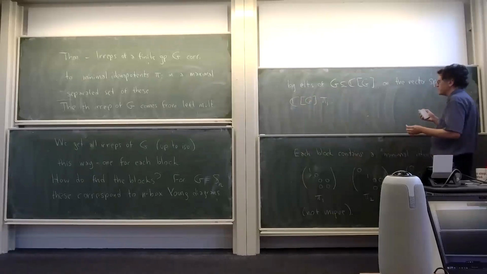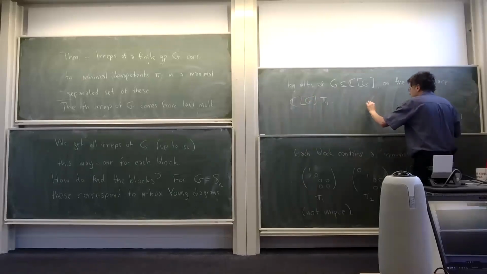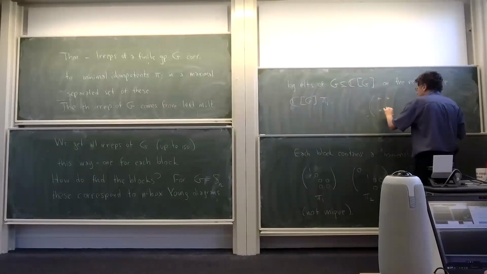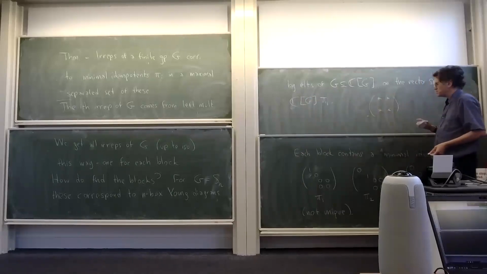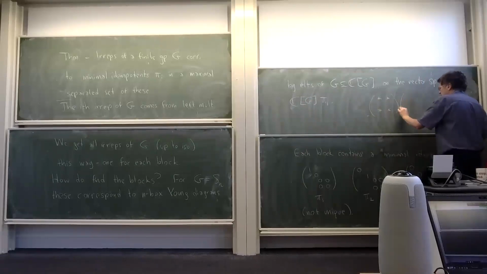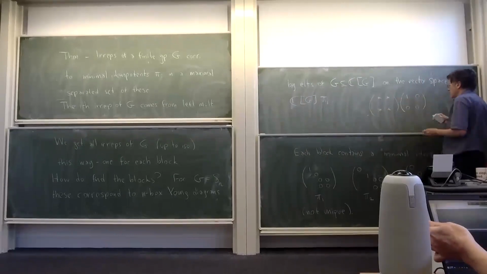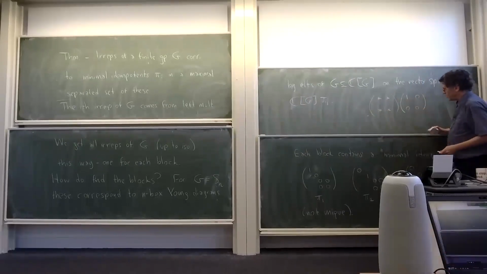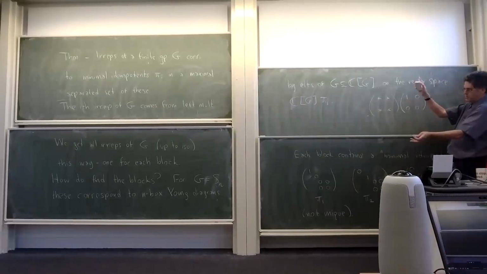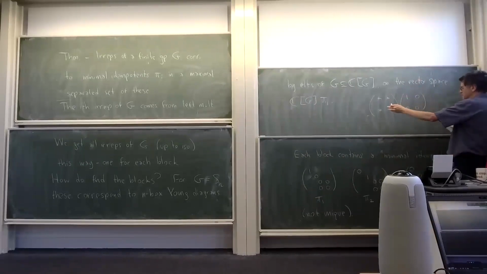And so if you think about it, the picture is this. I just look at one block. So here's all the stuff in one of those blocks. And then if I'm multiplying it by my minimal idempotent, I'm not drawing the whole big fat 4x4 matrix because the rest of it is just going to get killed anyway.